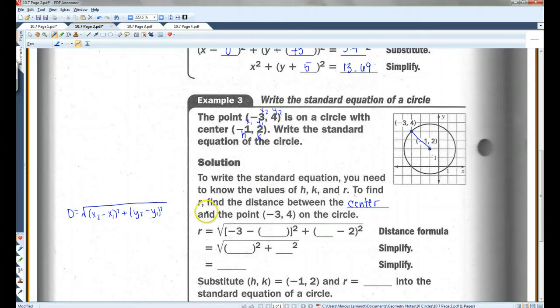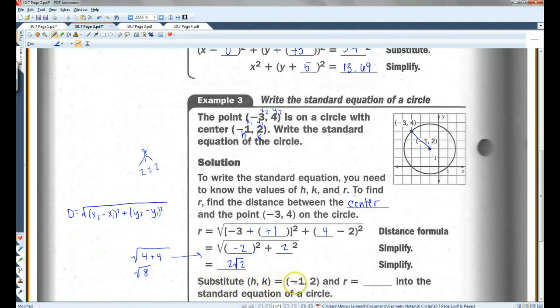So negative 3 minus negative 1, 4 minus 2, this becomes positive. So we've got negative 2 squared plus 2 squared. So that's the square root of 4 plus 4, so root 8. Root 8, if you do the tree, you get 2 times 2 times 2, so this is 2 root 2.